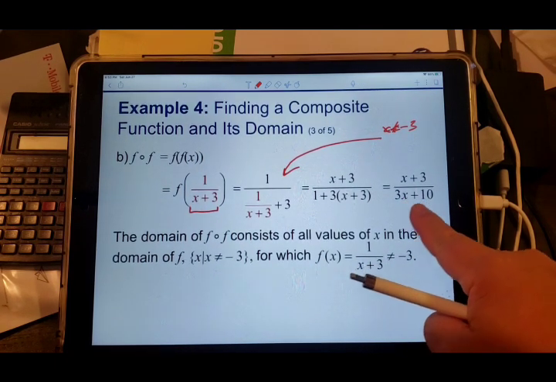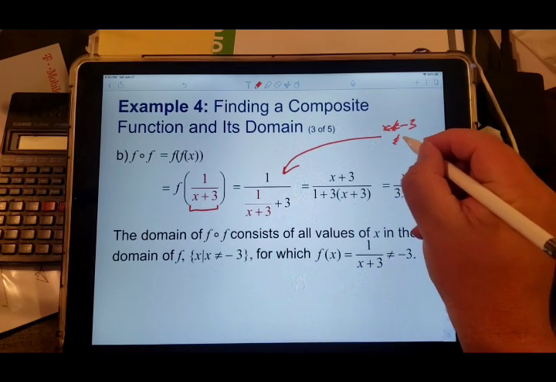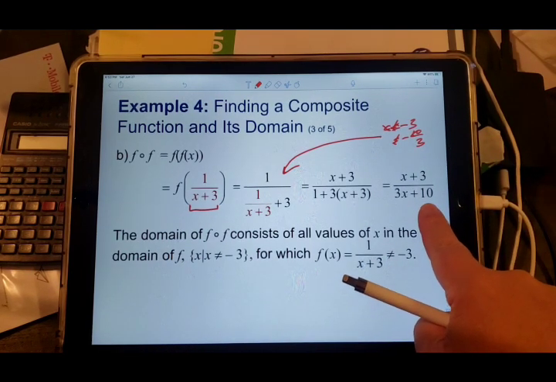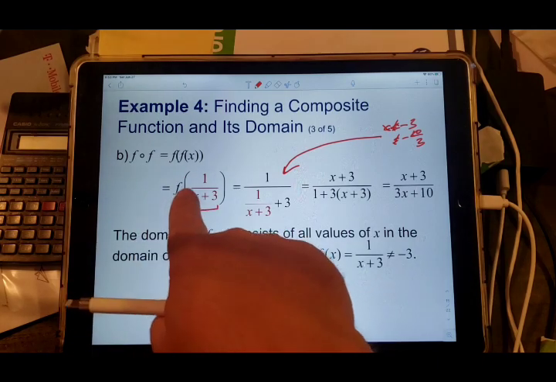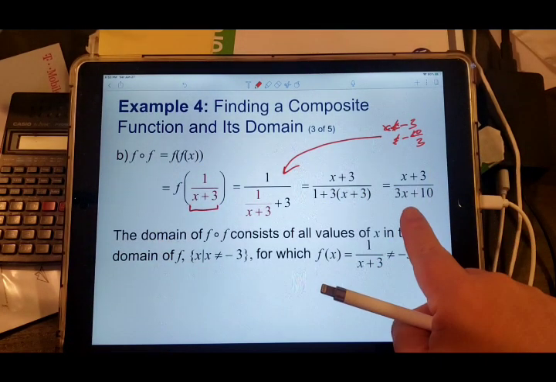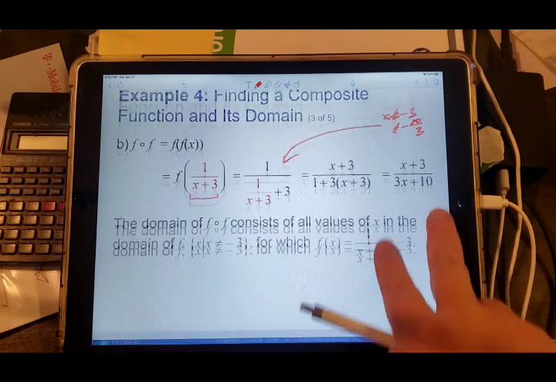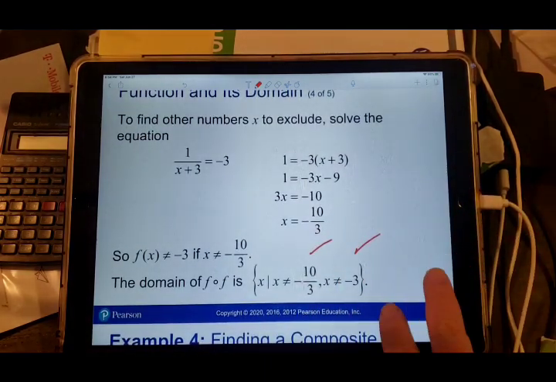I want to make sure that this is not equal to 0, and it looks like I'd get negative 10 over 3. No way I could have predicted that just because I did function over function, but it's obvious. I want this not to be 0, and so I solved that. And nice to see they confirmed it.